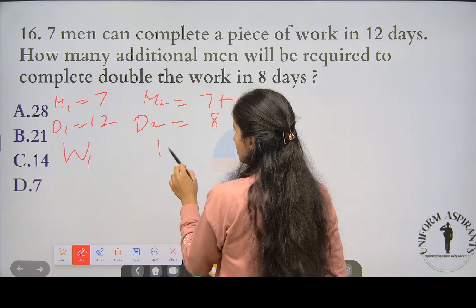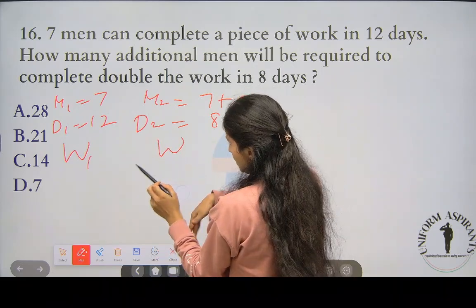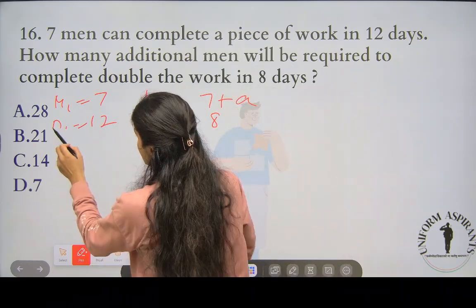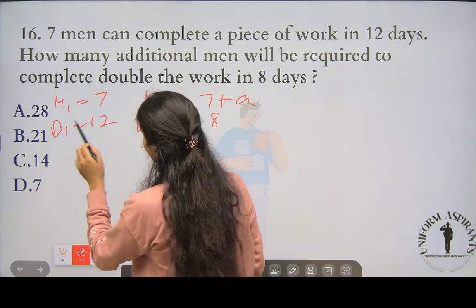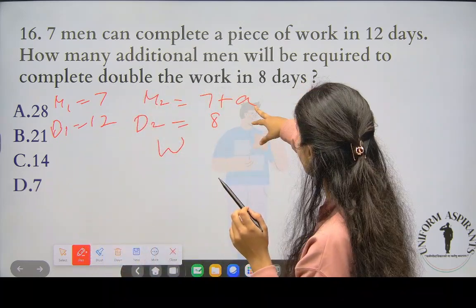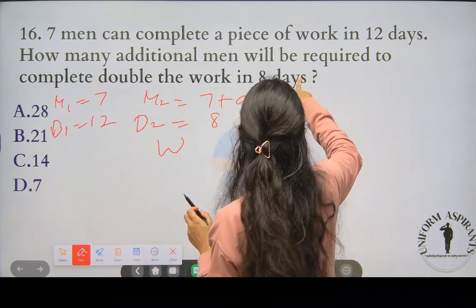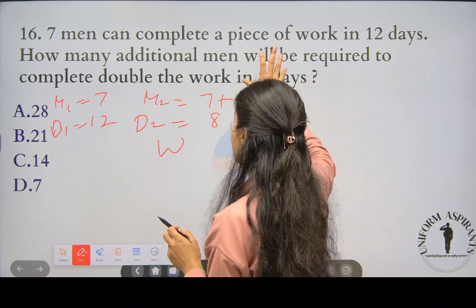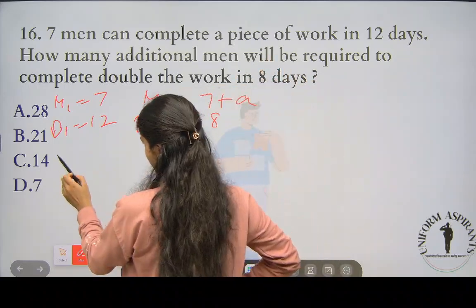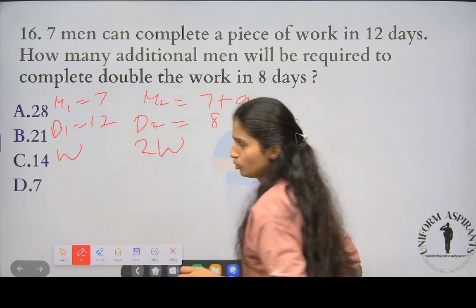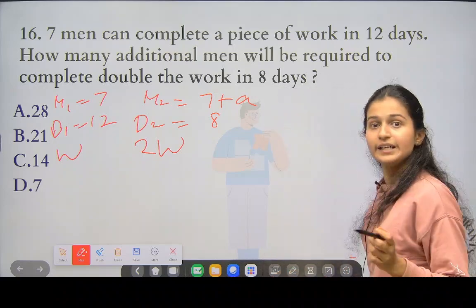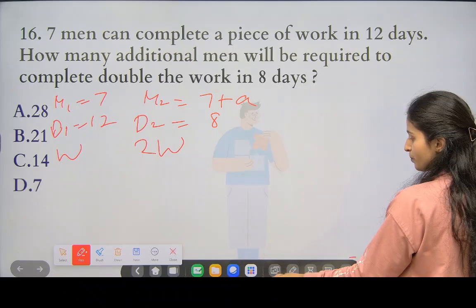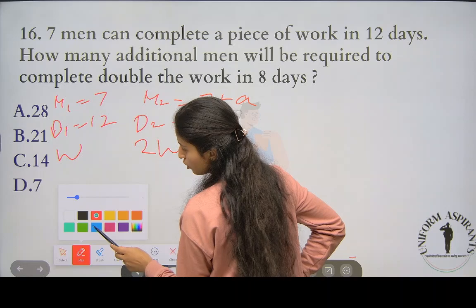Your W1, your work, we will take only W, because they have directly asked us to find double work in 8 days. How many additional men? A we have to find here. Double work means 2W. Directly write it down. Now chalo, what we have to do is solve it.